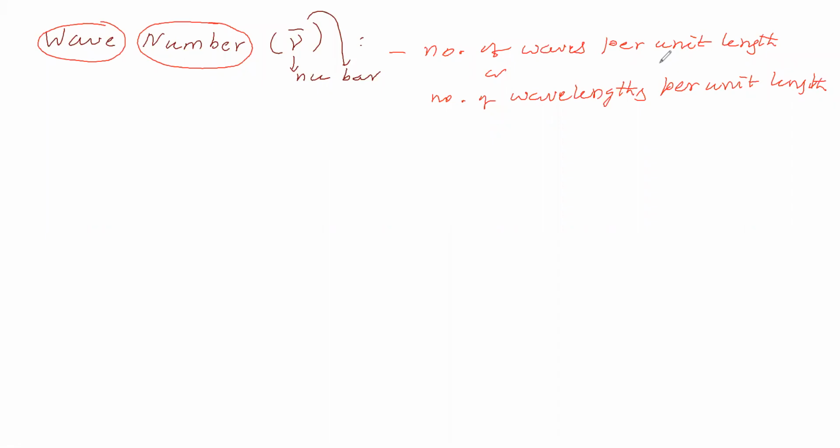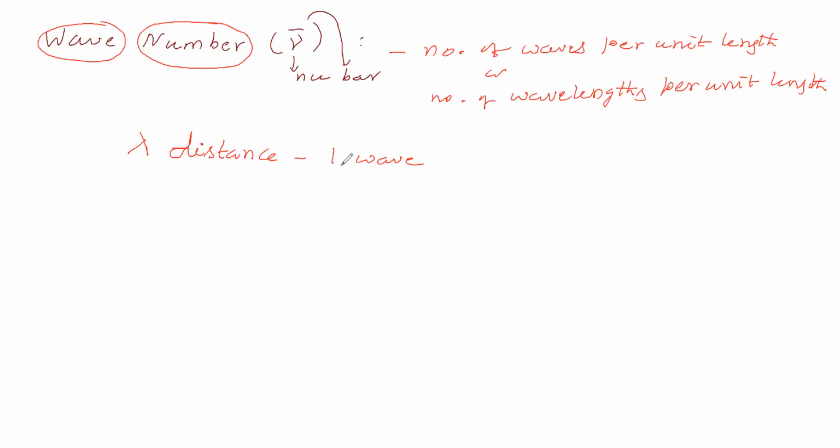Now we will take wavelength, whose symbol is lambda. This wavelength is a distance. So and so distance is possessed by how many waves? One wave.